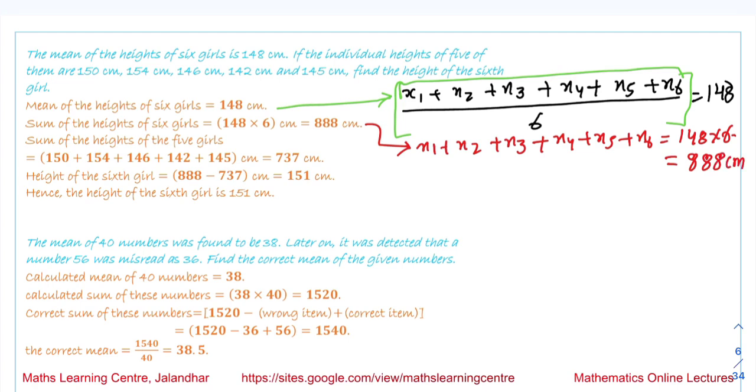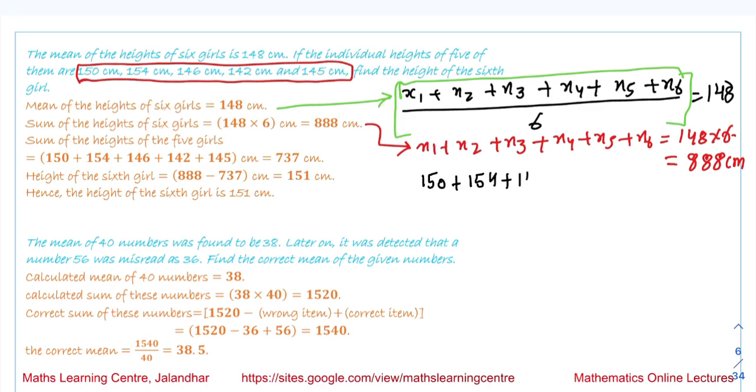This is given over here, that the sum of the heights of 6 girls is 888 centimeters. Now next it is given the individual heights of 5 of them, the first 5 girls. So what is given to us is 150 plus 154 plus 146 plus 142 plus 145 plus the sixth one that is not given, suppose its value is x6, and the total is 888 centimeter.